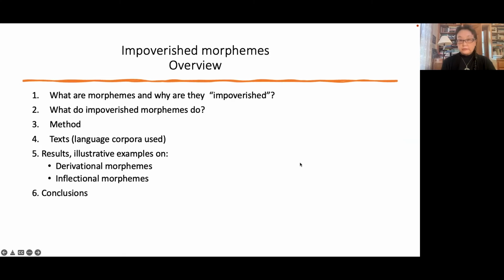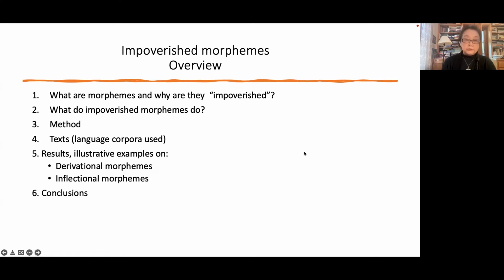So this is the roadmap that I'm going to follow. I will try to nail down morphemes and why they are impoverished, and what impoverished morphemes do. This is our claim, and I will have to talk a little bit about the method and the theoretical underpinnings too.